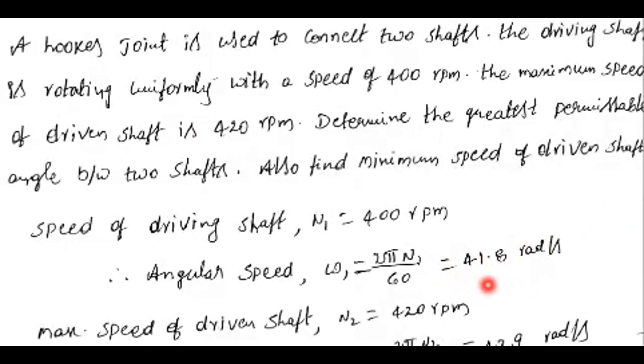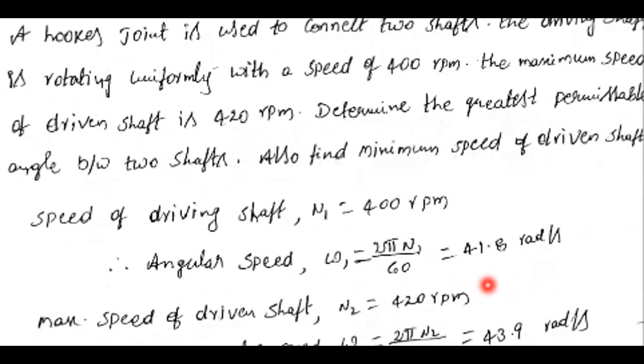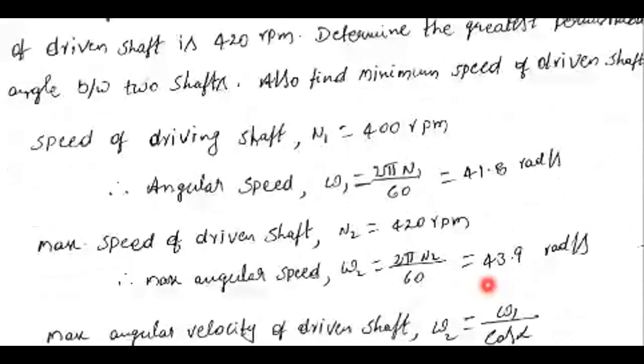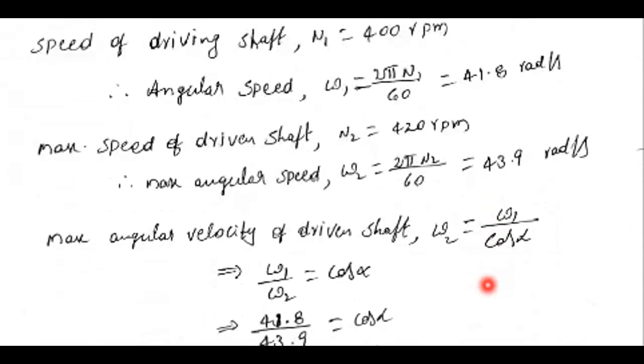And the maximum speed of the driven shaft, N2, equals 420 rpm. Therefore, similarly, to find the maximum angular speed, omega 2 equals 2 pi N2 by 60.